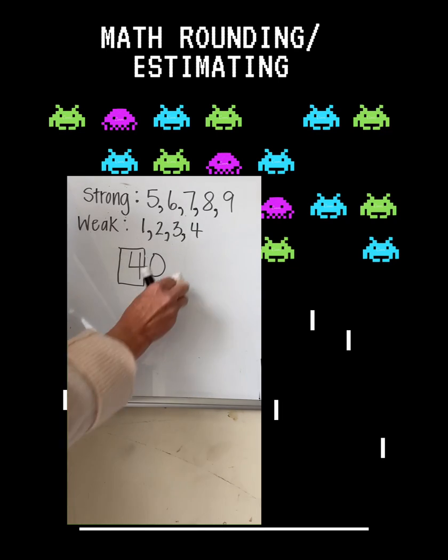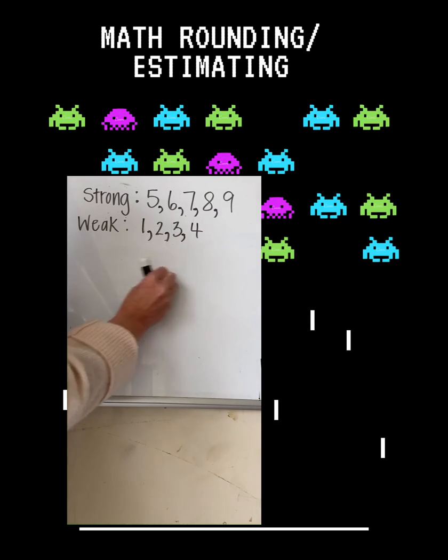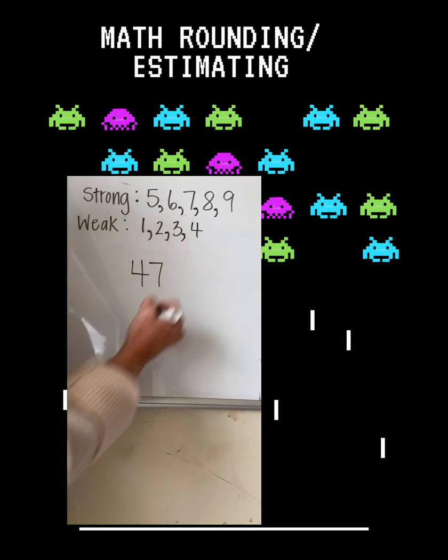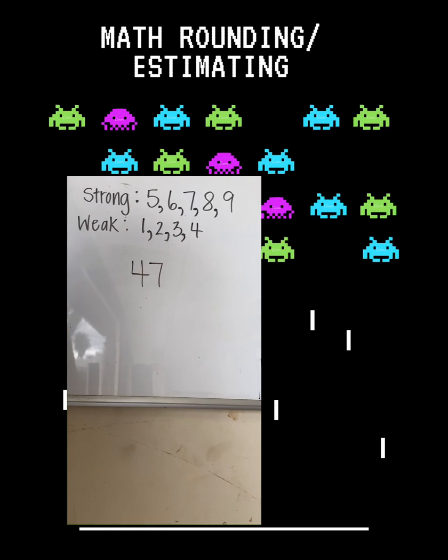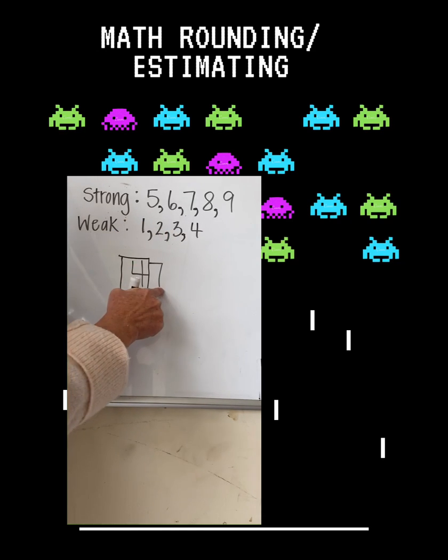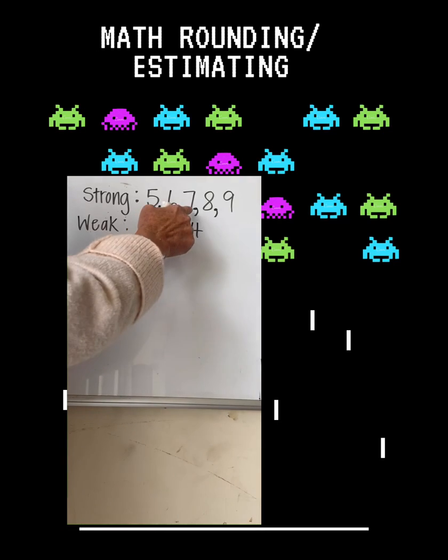Now let's say you didn't have a 2 there, and let's say you had a strong number, 47. There you can see we're rounding to the nearest tens, so this is our target number, and this is the number we're going to be using to do the rounding. Now, is 7 a weak number or a strong number? It's a strong number.